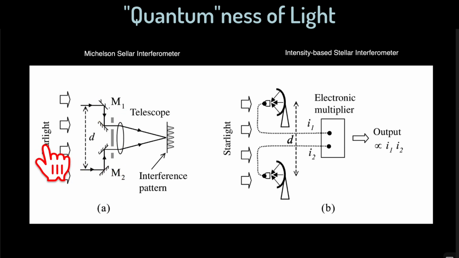This light can be coming from stars, which means the starlight impinges onto this interferometer, and then the interference pattern can help you get roughly the diameter of the star from which you are collecting the light.